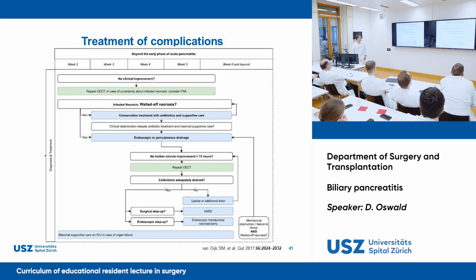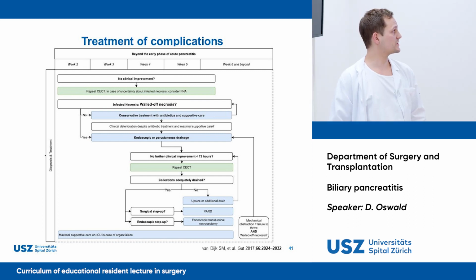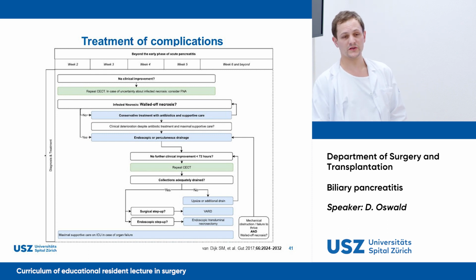All right, here's a little overview of what I just talked about. It's beyond the early phase of the acute pancreatitis. If there's no clinical improvement, you repeat the CT scan. If you see any infected necrosis, it's important to check if they are already walled off. If they're not, you go on with the conservative treatment with antibiotics and supportive care.